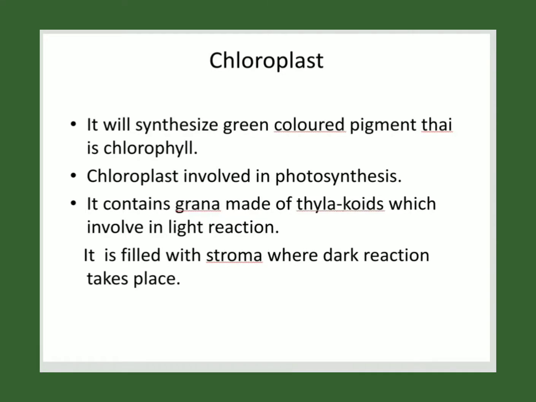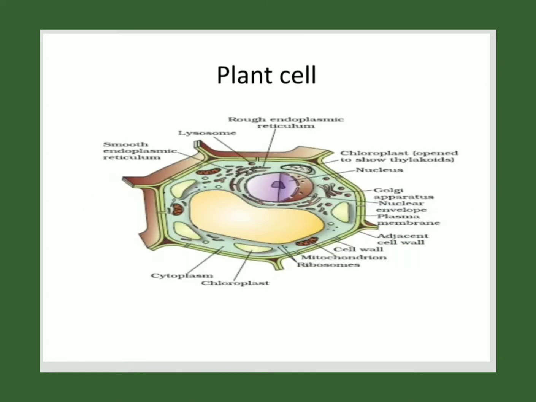It contains grana made of thylakoids, which are involved in the light reaction, and it is filled with stroma where the dark reaction takes place. So chloroplasts help in photosynthesis in plant cells. They are oval-shaped organelles with grana and stroma, and are also double membrane cell organelles.